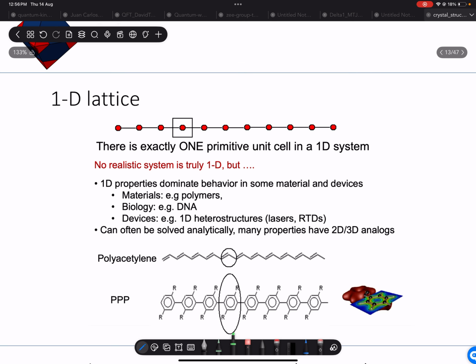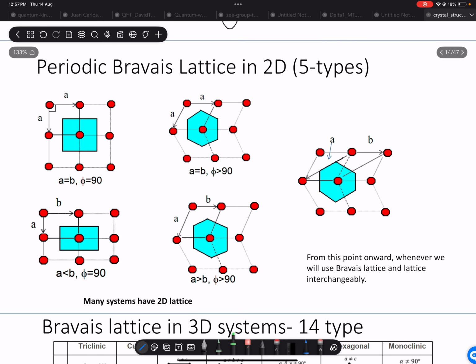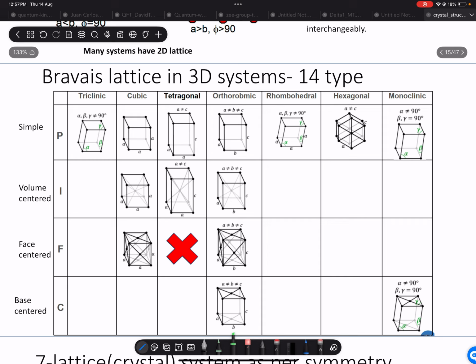Okay. So let us say we want to talk about the 1D case, and this is a simple 1D chain, and these are the various lattice points, and that is it basically, right? Now when we come to 2D, we have a maximum of 5 types of Bravais lattice, which are described here, and in 3D, this was the major contribution by Bravais, that if you have a 3D lattice, you can have a maximum of 14 types.